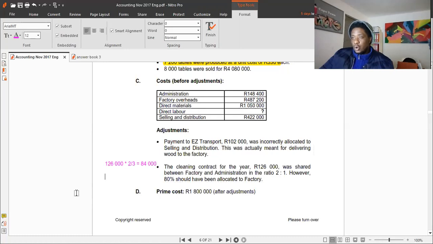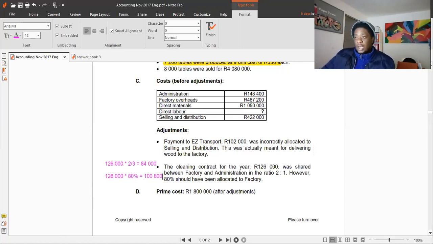And then let's say what should have actually been included instead should have been 126,000 multiplied by 80%. And if it should have been 80%, then our total would have been 100,800.